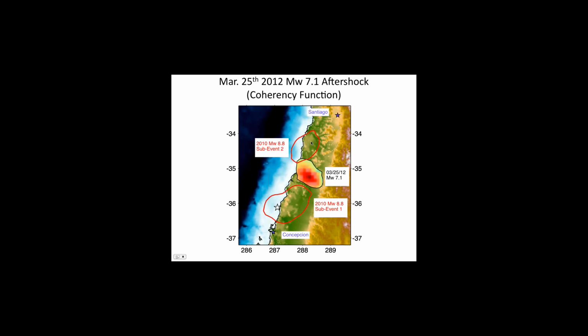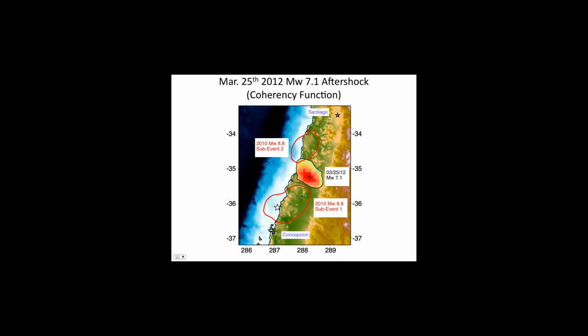You may notice that these energy distributions are slightly different than what you may have seen in the movie. The reason why is because we were using linear stacking in that movie, whereas now we're more focused on the spatial distribution of energy, so we're using the coherency function approach that I described earlier. So the results don't change that much. We just wanted a sharper image of this rupture for this comparison.